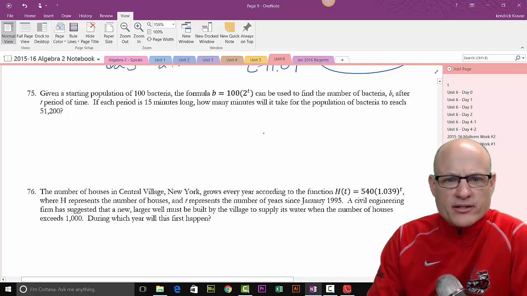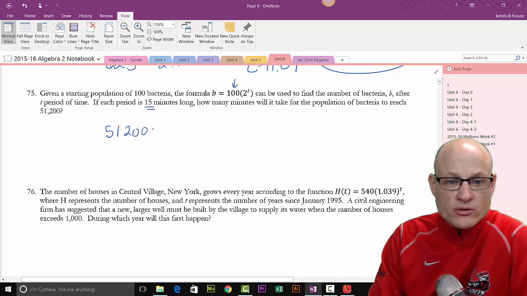Starting point of 100 bacteria, that's the starting point. Use it to find the bacteria after a time period. Each time period is measured in 15 minutes, so we just got to figure out time periods. For the population to reach 51,200, 51,200 is equal to 100 times 2 to the t.